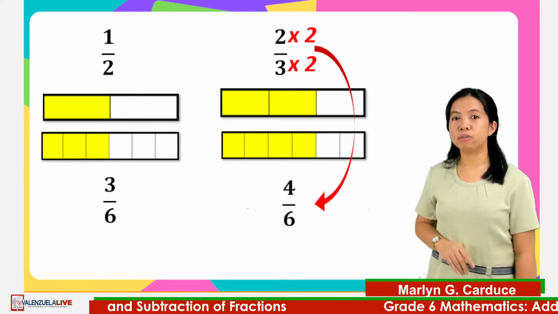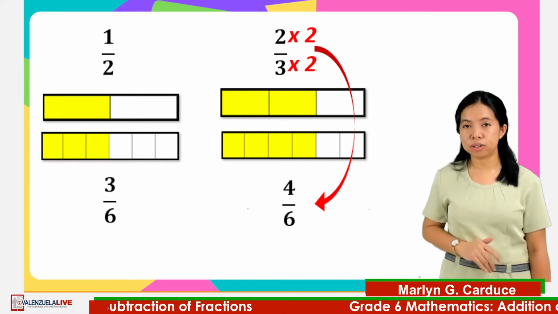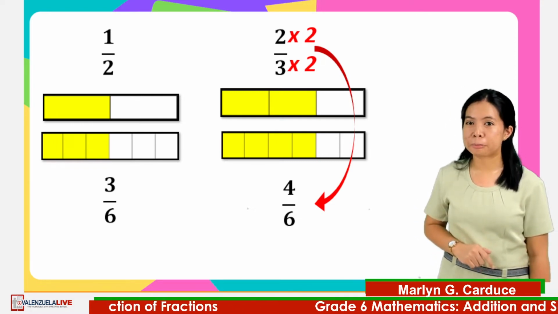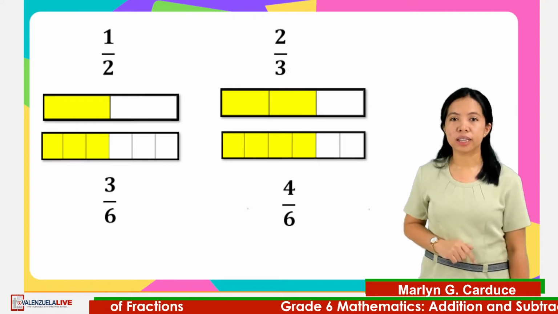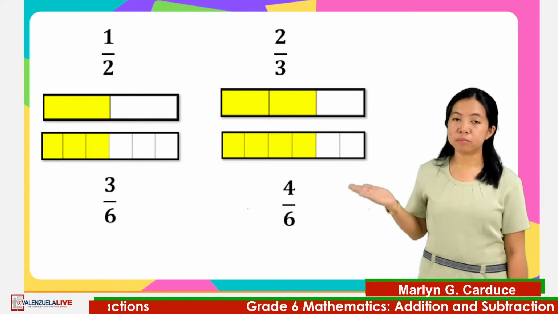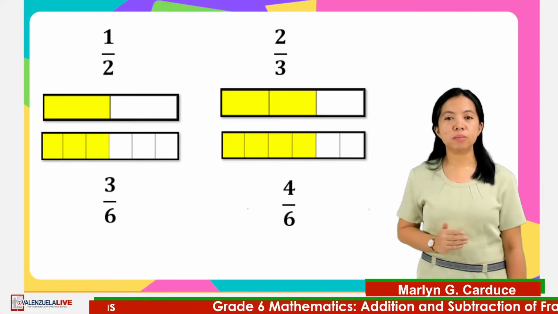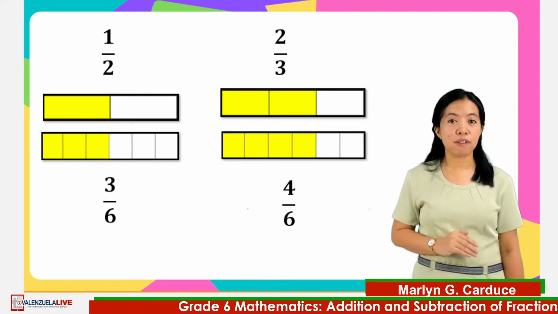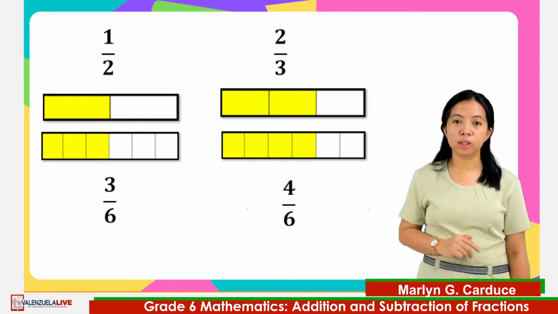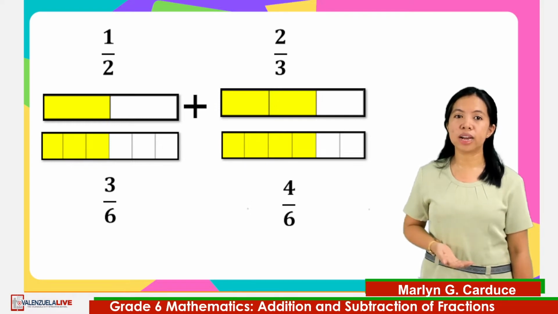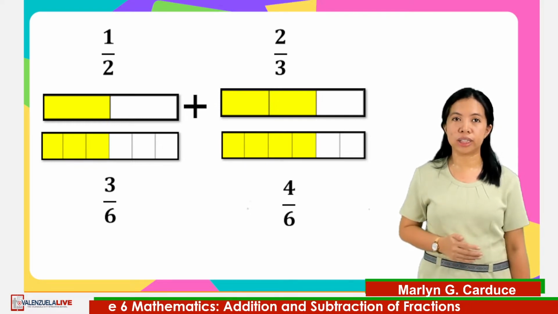So we get 4/6 as its equivalent fraction. Now that they have the same denominators, they can now be called similar fractions. Then do the steps in adding and subtracting similar fractions.